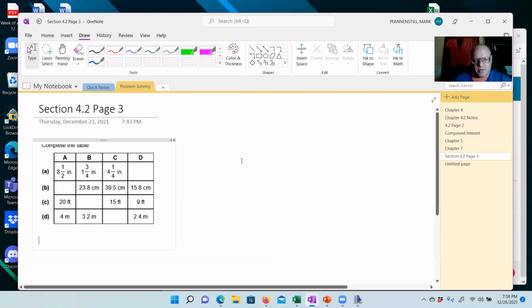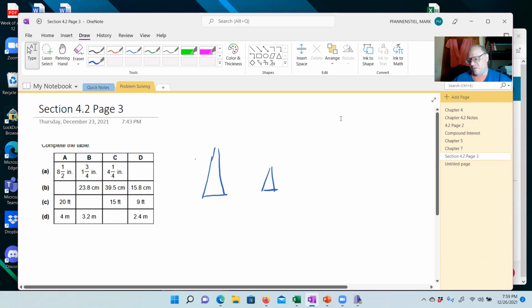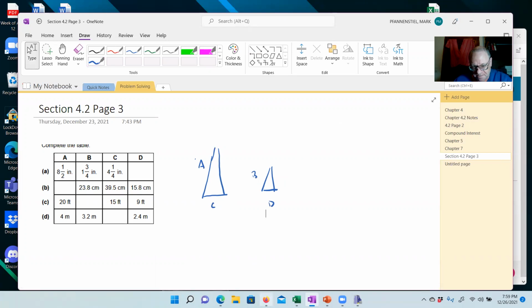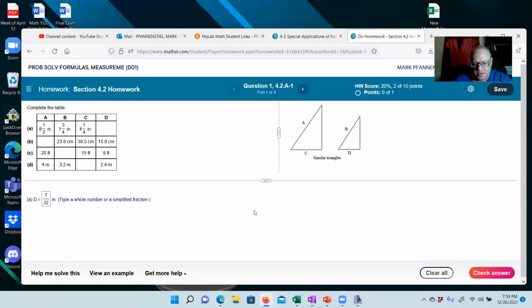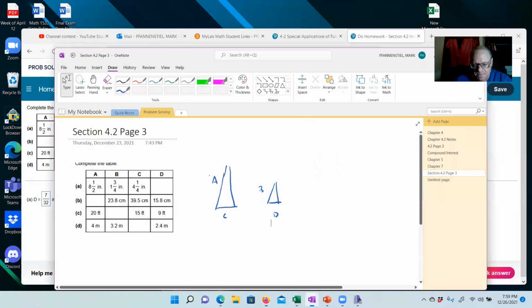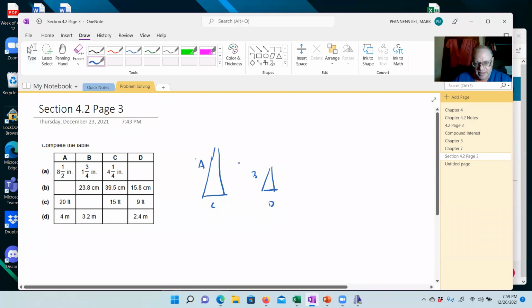We've got 2 triangles going on here. Pretend that's a triangle, same with that one, and pretend they look the same. So we've got an A, a C, a B, and a D. Let's just double check: A, C, B, and D. Okay, we're good.